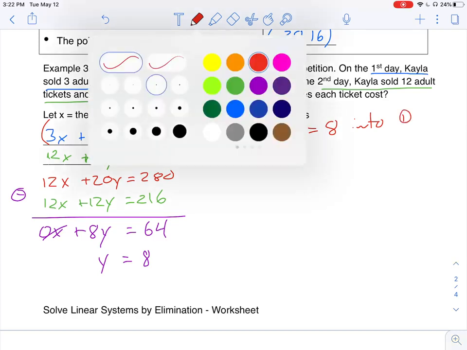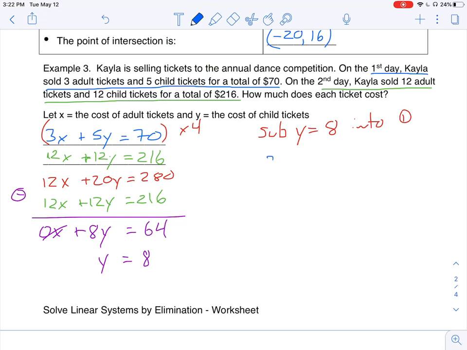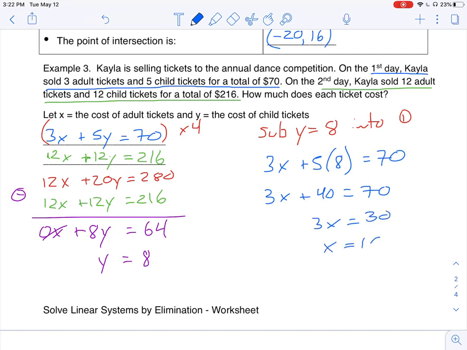So I end up having 3x plus 5 times 8 is equal to 70. 3x plus 40 equals 70. 3x equals 30. x is equal to 10.